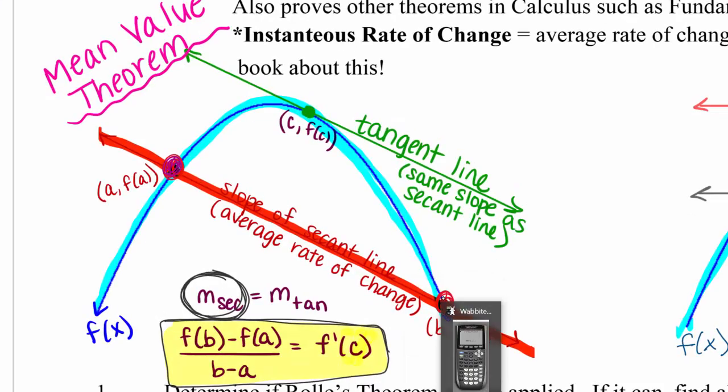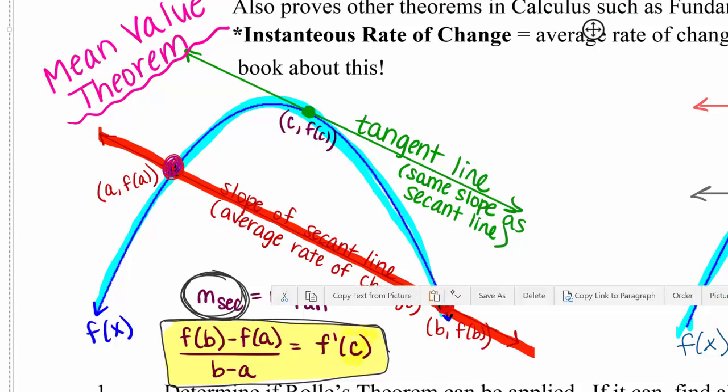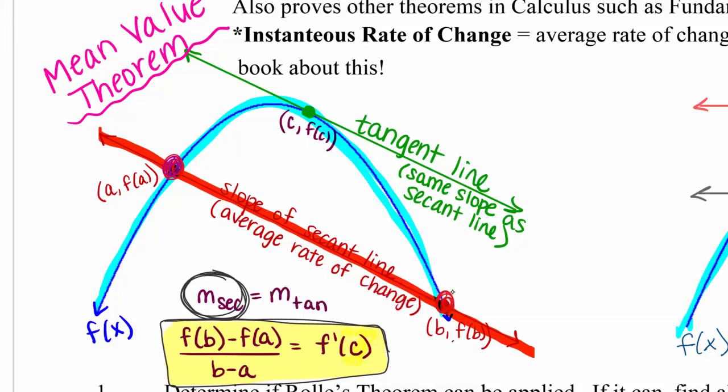Sorry, it disappeared. And maybe I know that I'm continuous and I'm differentiable, so then I can make this statement. This will be guaranteed: there is one point in between A and B, we call that the x value of C, where this tangent line that I drew is going to be parallel to the given secant line that we already found.